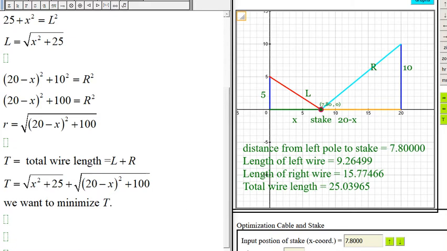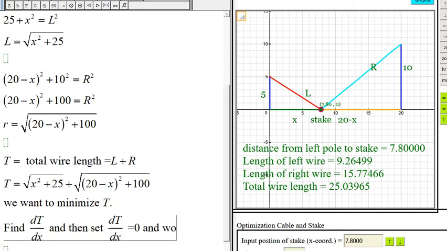And so to minimize T, what we want to do is find the derivative of T with respect to X, and then set dT/dX equal to 0 and solve for X. So that's what we need to do.